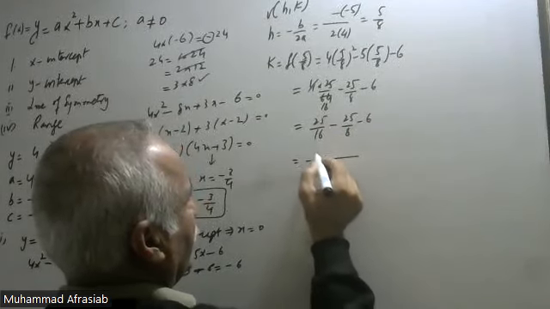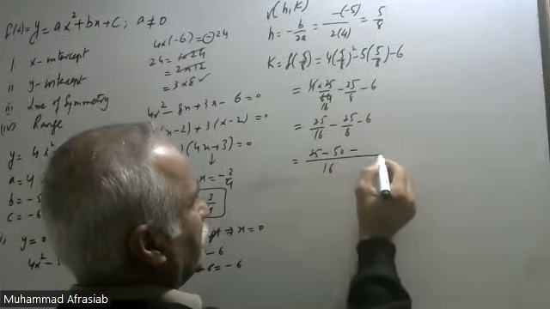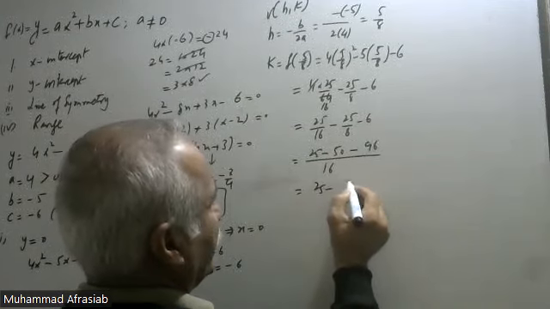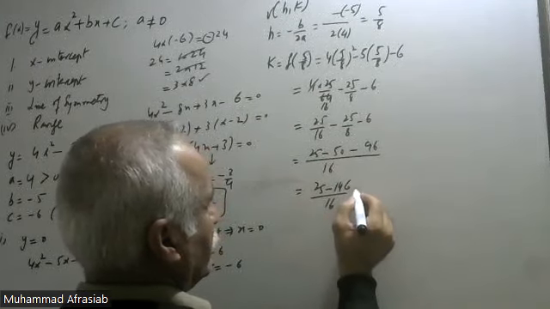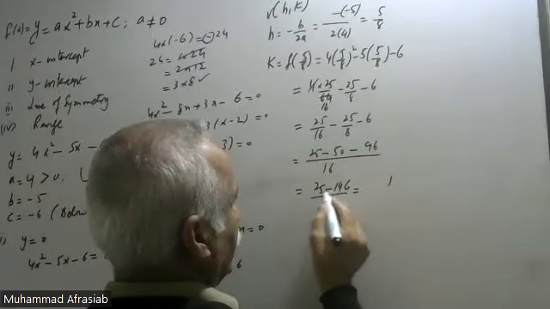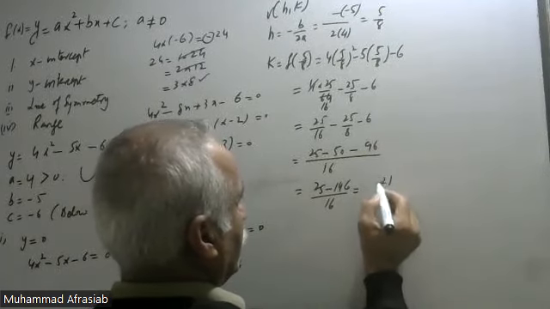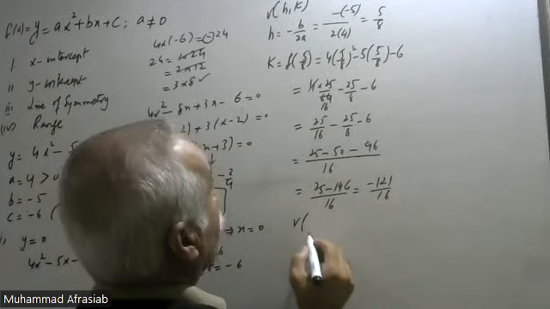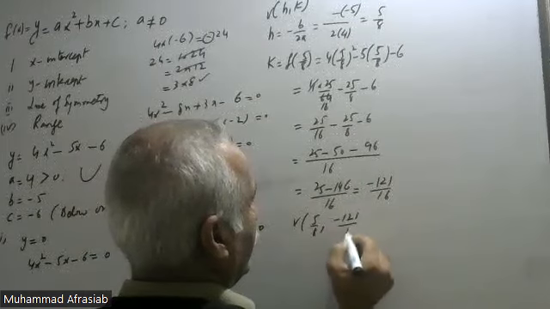If 16 is the LCM, it should be equal to 25 minus 50 minus 96, and that thing is equal to minus 121 over 16. So the vertex coordinates will be equal to 5 by 8 and minus 121 over 16.